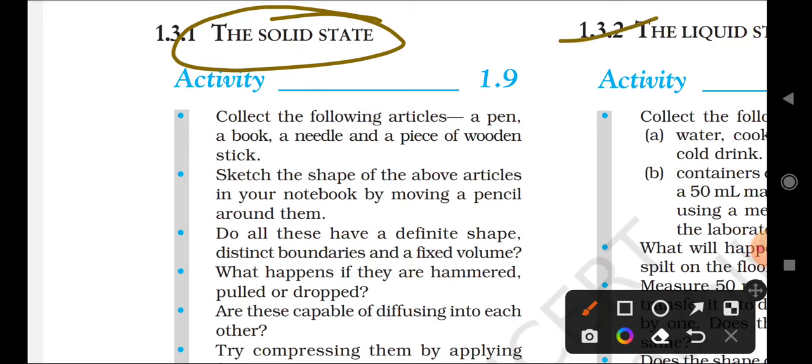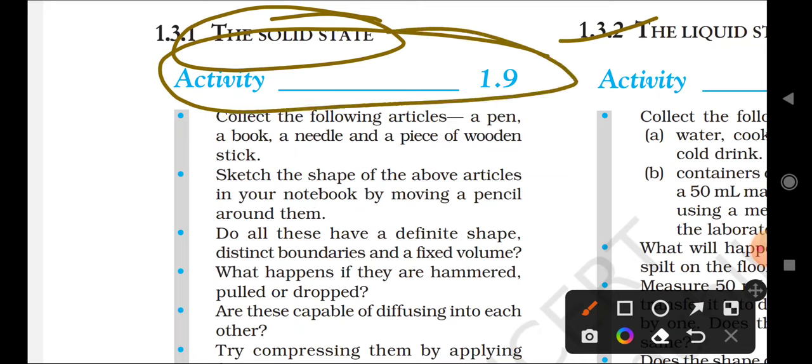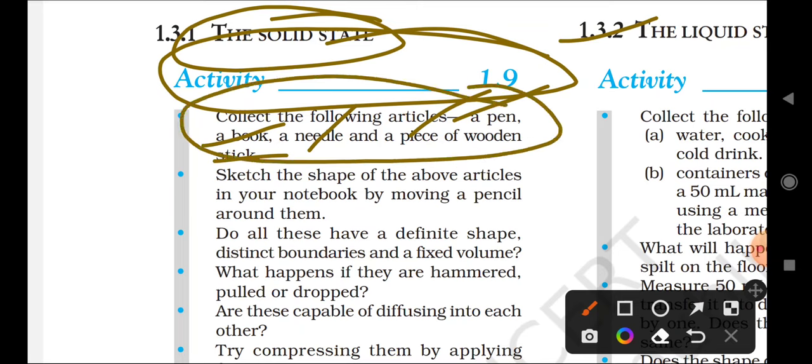Before studying the properties of the solid state, first we will consider Activity 1.9. Collect the following articles: a pen, a book, a needle, and a piece of wooden stick. These articles are very easily available in our surroundings.